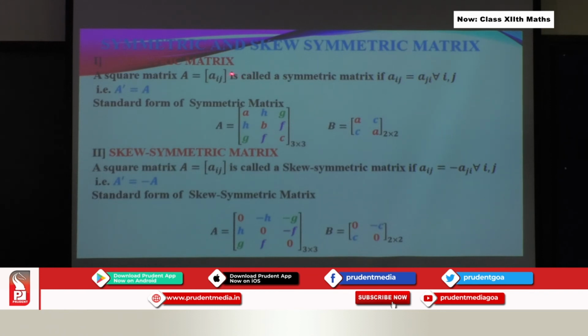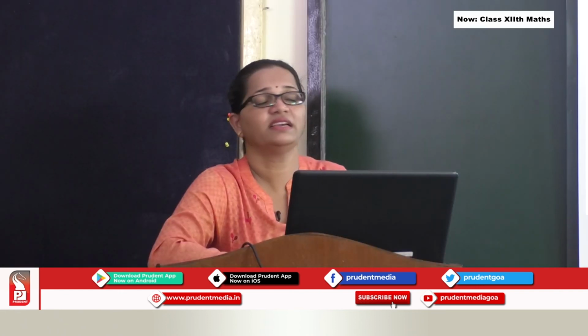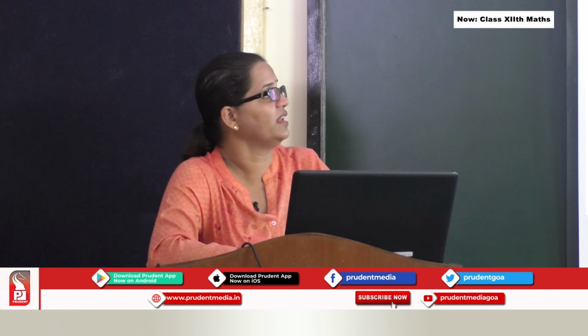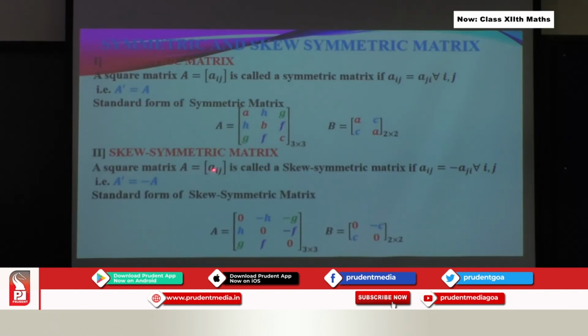So what do you mean by a skew symmetric matrix? Here, if A transpose is the negative of your original matrix, then it is a skew symmetric matrix. Look at this: a square matrix is called skew symmetric if Aij is equal to minus Aji for all i, j. You just need to remember these two things.